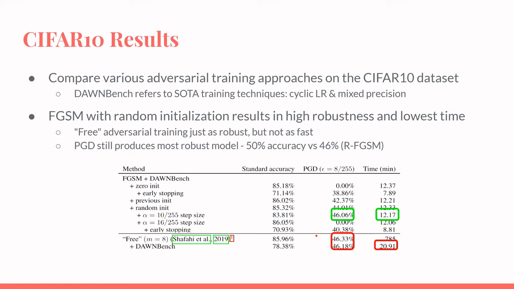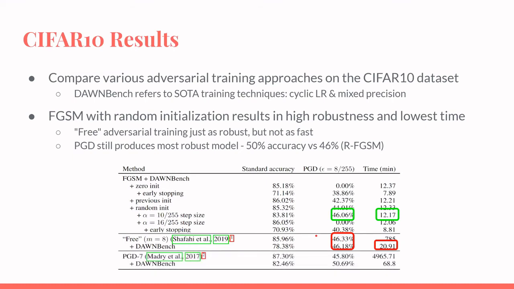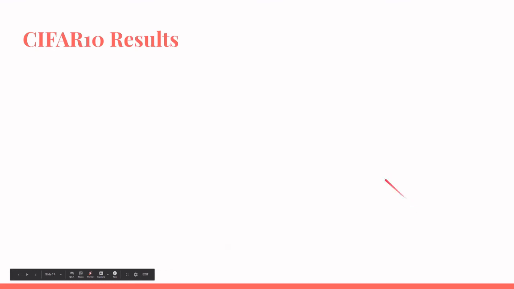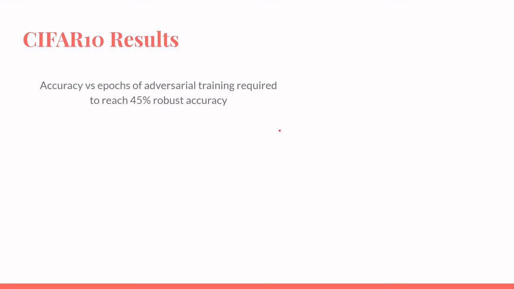They also do the same with the PGD trained model, and the PGD model is the most robust compared to all of them, but it again takes significantly longer to train. Now they compare the number of epochs required to reach a minimum of 45% robust accuracy.